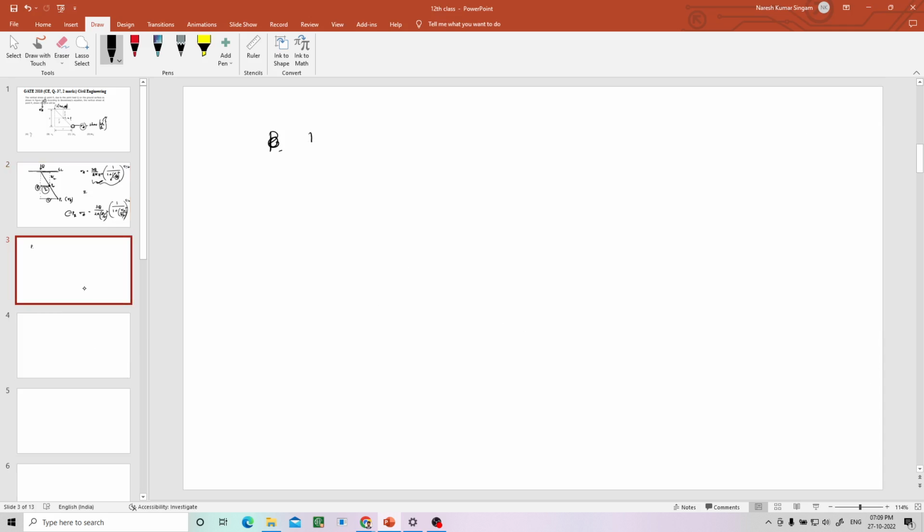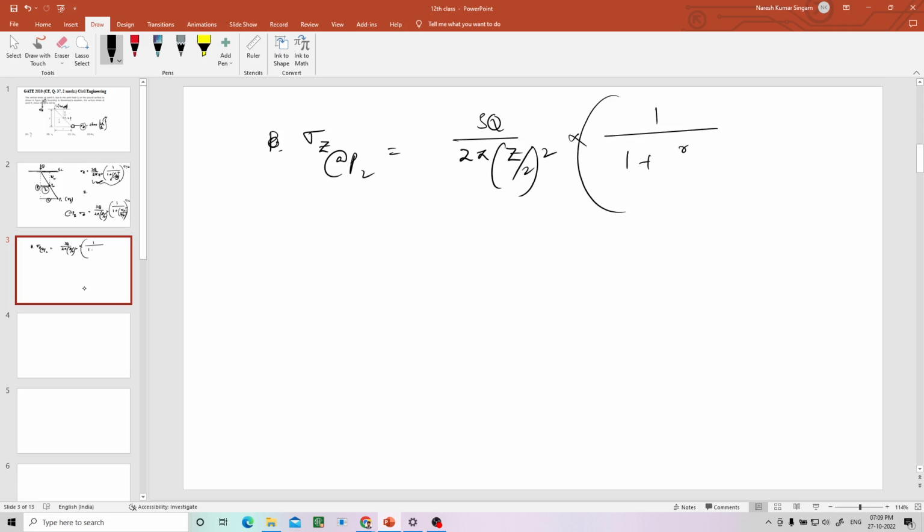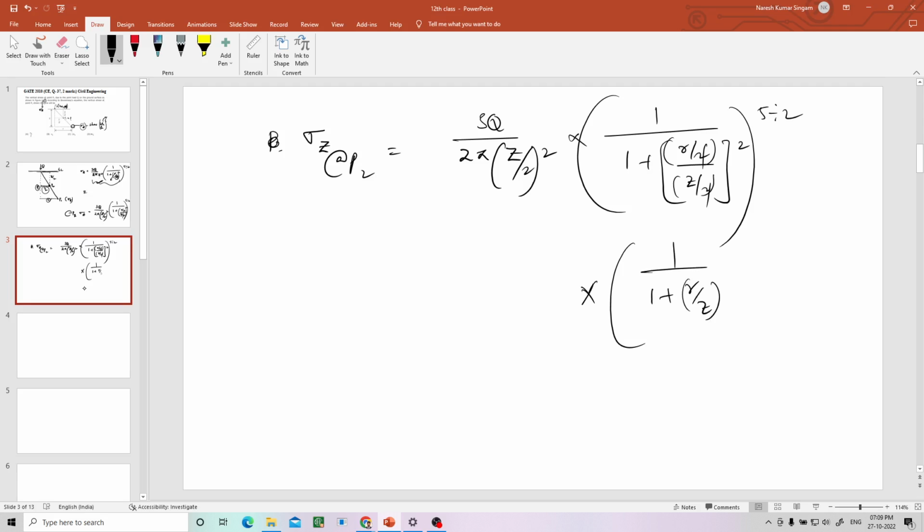sigma z at P2 is 3Q by 2 pi (z by 2) square into 1 by 1 plus (r by 2) by (z by 2) square. So here these are cancelled. So this term will be again 1 by 1 plus (r by z) square whole power 2.5. There is no change in this term. Coming to this, you take this 4 above 2 square, then again 3Q by 2 pi z square.